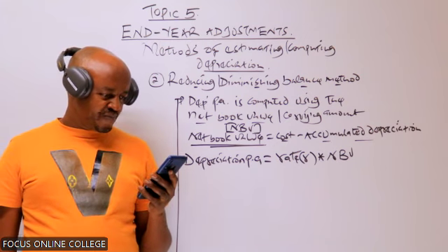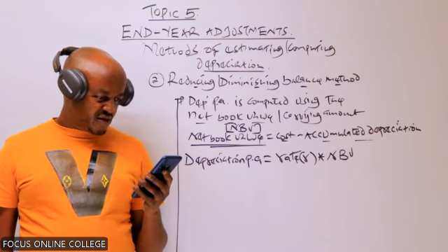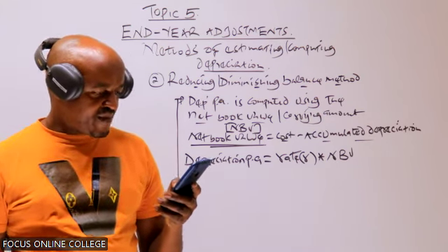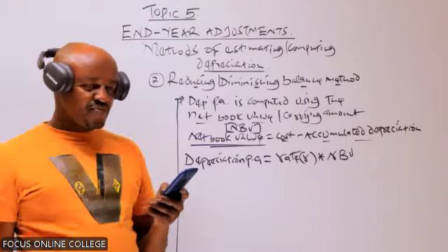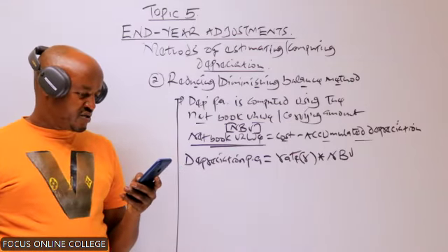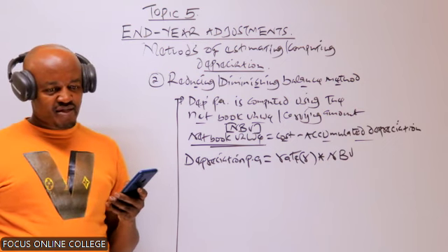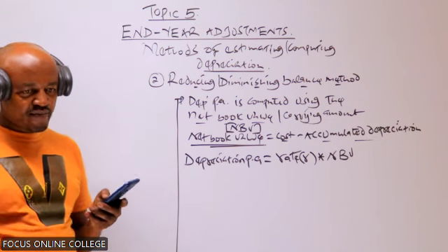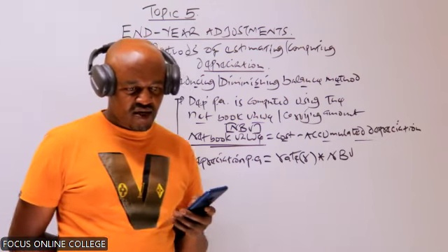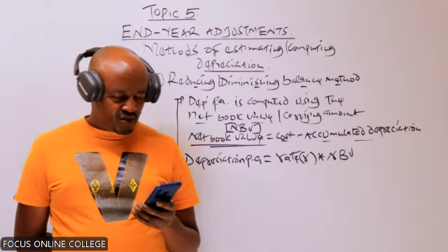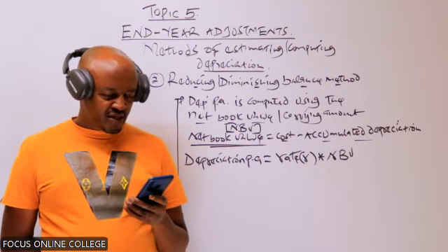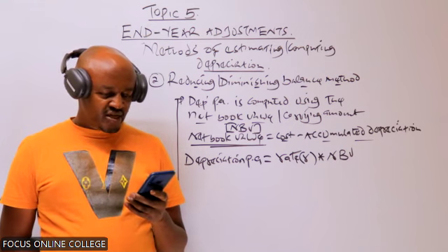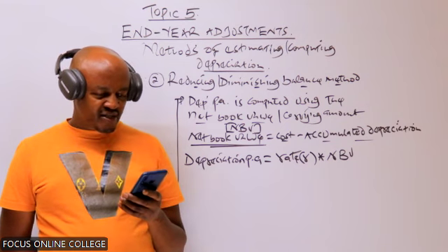I hope you can see it, which reads: an equipment was bought for shillings 300,000, and depreciation is to be charged at the rate of 25% on reducing balance method.